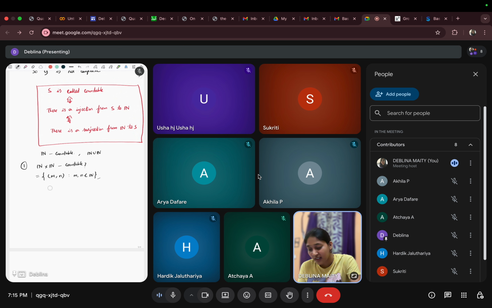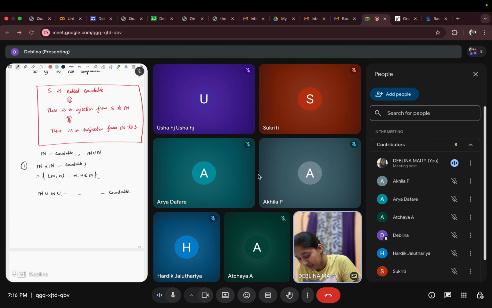But we also know that countable union of countable sets is also countable, right? So if you take any union of this, say Q union, like infinity many times, or any finite or countably infinite union, then it is going to be a countable set.